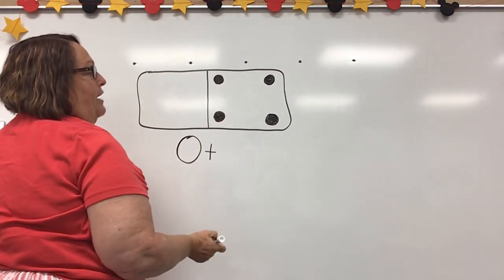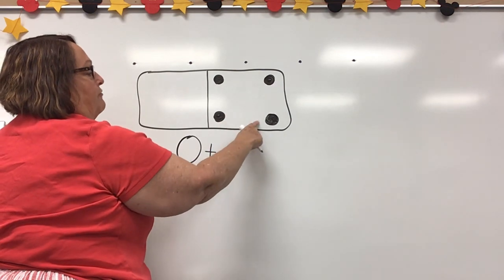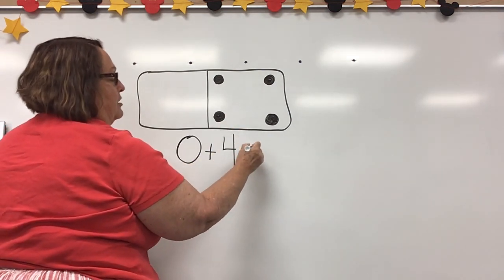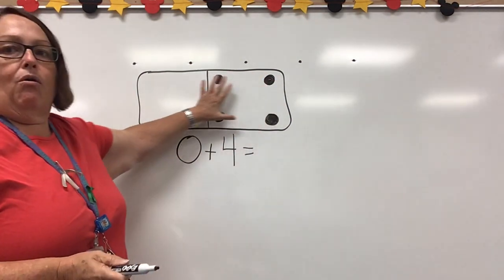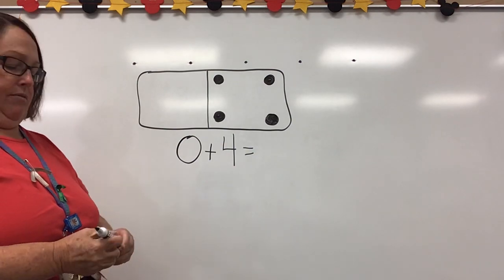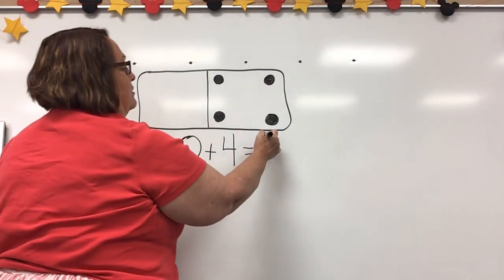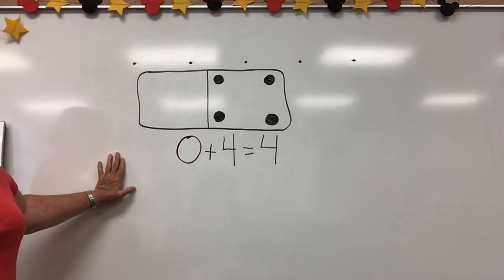How many dots do I have in this part? 1, 2, 3, 4. I have 4 dots in that part. How many dots do I have in the whole domino? I have 4. Okay, I have 4 dots in the whole domino.